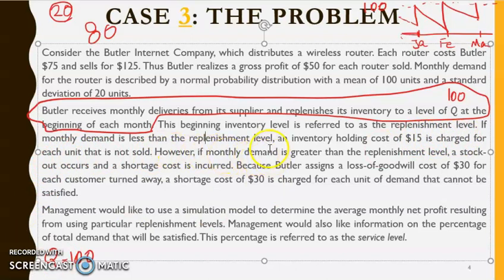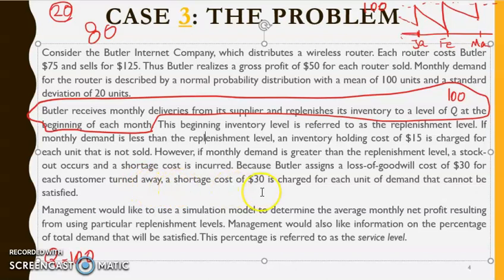However, if monthly demand is greater than the replenishment level of 100, and just assume that the monthly demand is, for example, 120, so it is more than that 100, a stock out occurs and a shortage cost is incurred, because Butler assigned a loss of goodwill cost of $30 for each customer turned away.